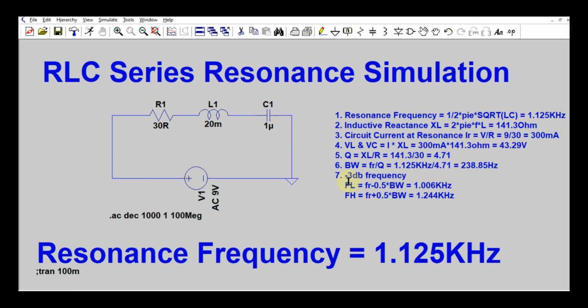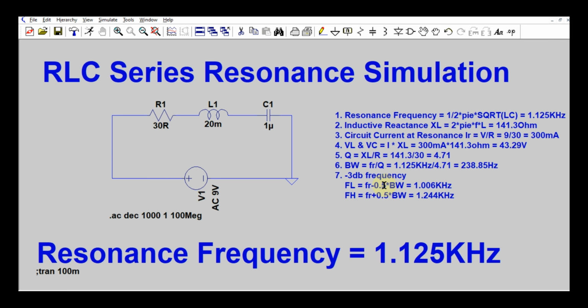So my seventh point is the minus 3 dB frequency. If you remember the last lecture, what is 3 dB? Basically 3 dB is the point where the magnitude of your output falls to 70.7 percent, right? So at minus 3 dB, your lower cutoff frequency, FL, is given by the resonant frequency FR minus 0.5 into bandwidth.